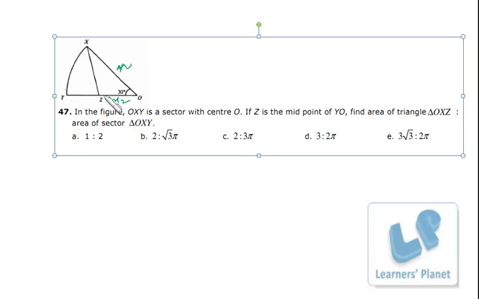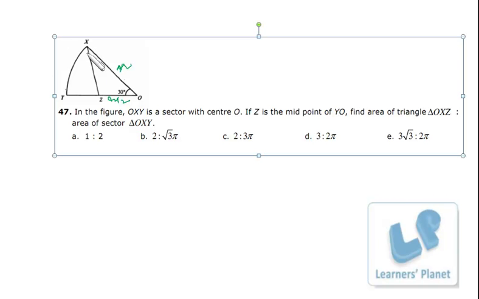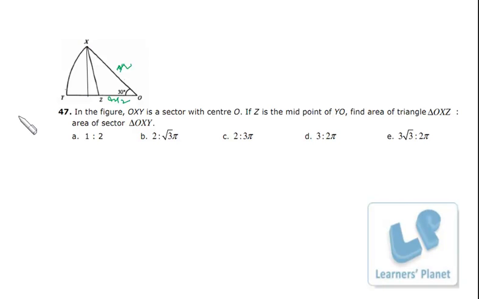Now if we wish to find the area of triangle OZX, then we need to find the altitude of this triangle first. So what I do is I just drop a perpendicular from this point to this point. So that is actually the altitude of this triangle.